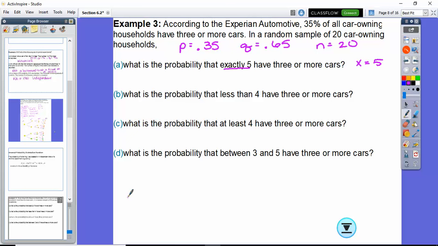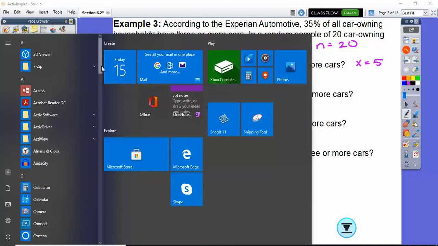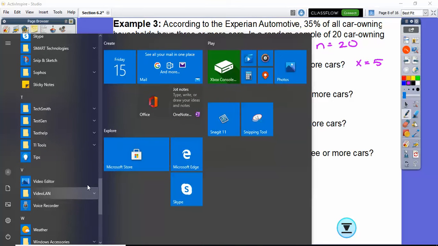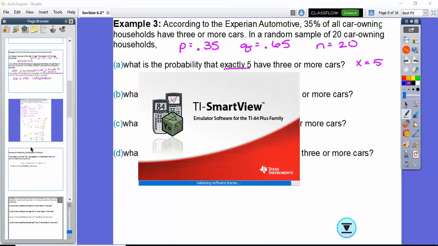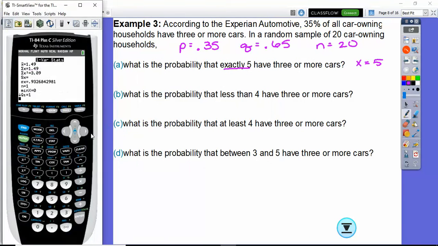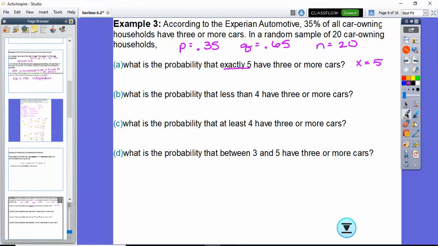So grab a calculator if you don't have one. Let's first talk about how to plug it in the calculator. Can we agree that we probably wouldn't want to make a tree diagram and do all that to figure this out? Okay. So first thing you need to do, you need to start with the parentheses.